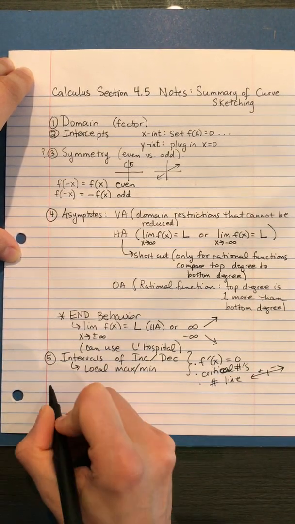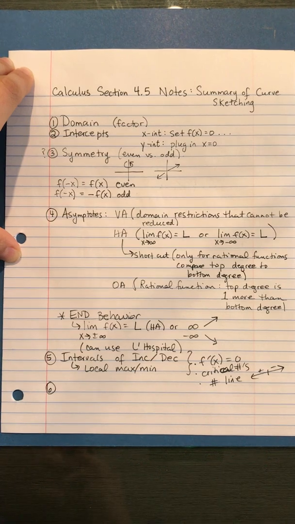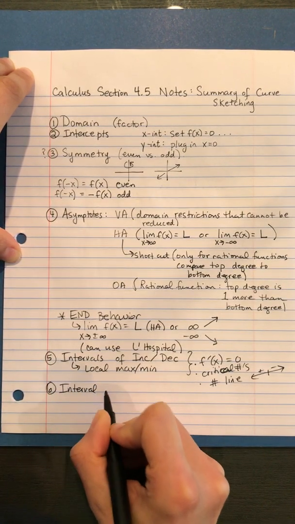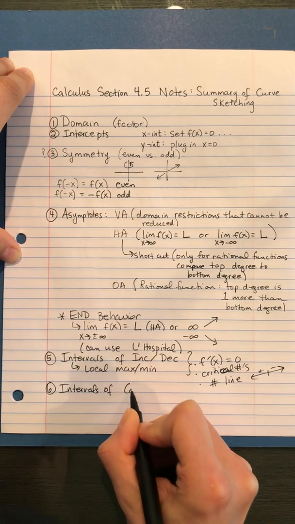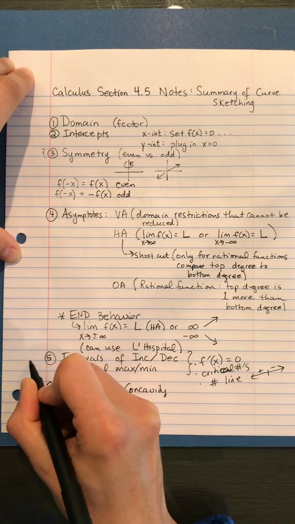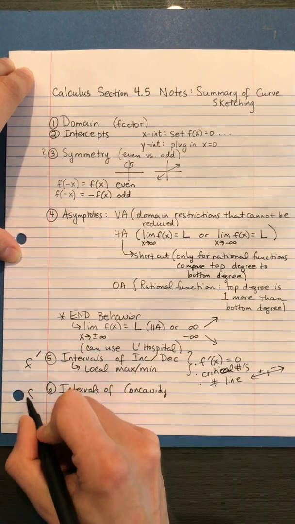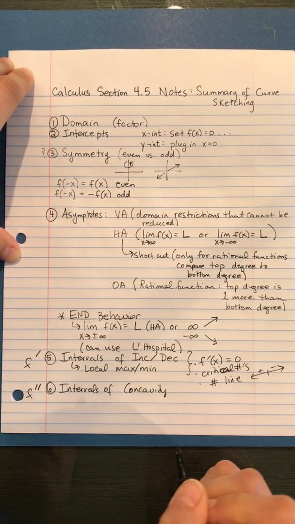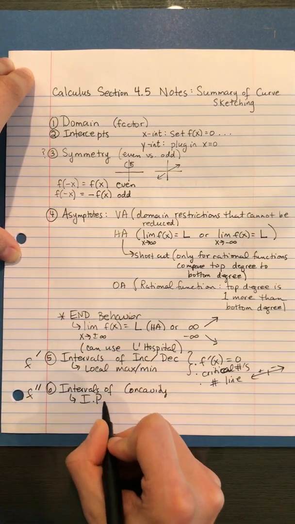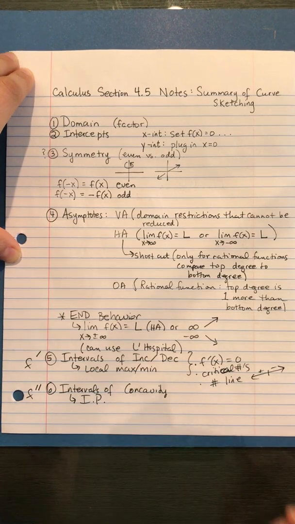Number 6, we've got intervals of concavity. So number 5 was about f prime. Number 6 is about f double prime. Remember intervals of concavity, and so that deals with inflection points where concavity changes.